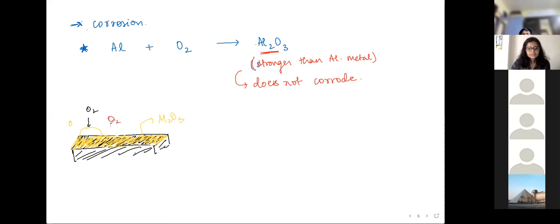So an oxygen molecule, even if it hits the aluminium block, just comes across aluminium oxide and there is no reaction with the rest of the aluminium. That is how aluminium oxide protects from corrosion.